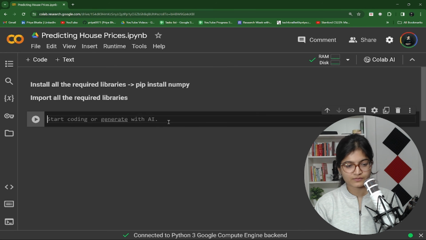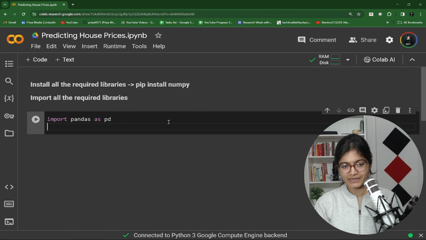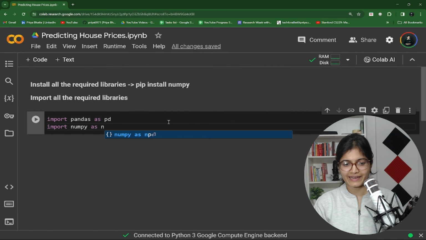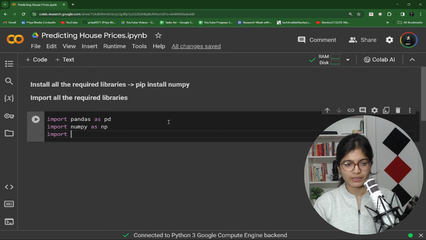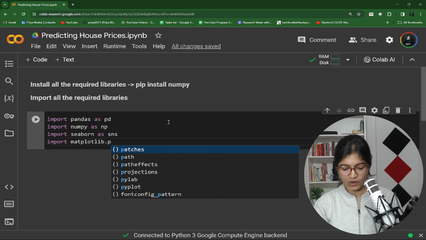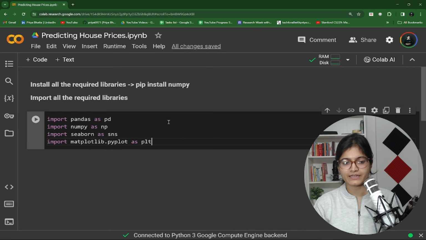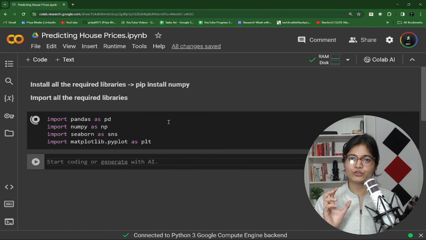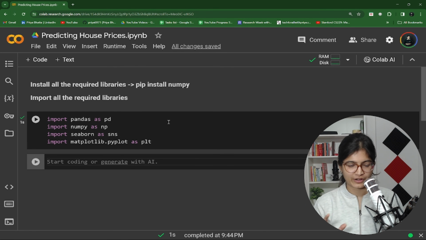We will say import pandas as pd, import numpy as np, then import seaborn as sns, then import matplotlib.pyplot as plt. In this way, we will be able to import all the required libraries.